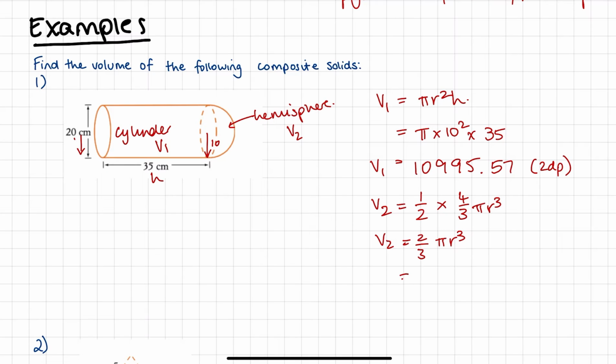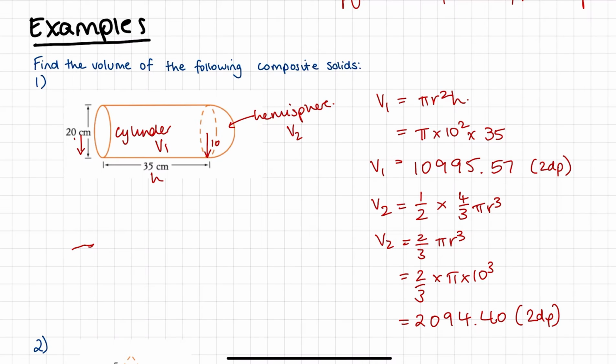So let's sub that in. 2 over 3 times pi times 10 cubed equals 2,094.40 to 2 decimal places.